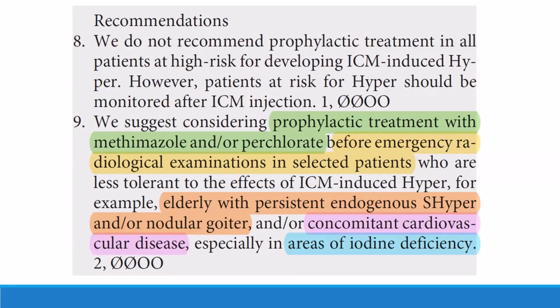If we have a patient with a higher risk of presenting with hyperthyroidism, we can give a prophylactic treatment before contrast media with methimazole and/or perchlorate before emergency radiological examination in selected patients, especially the elderly with persistent endogenous subclinical hyperthyroidism or nodular goiter and/or concomitant cardiovascular disease, especially in areas of iodine deficiency like Europe.